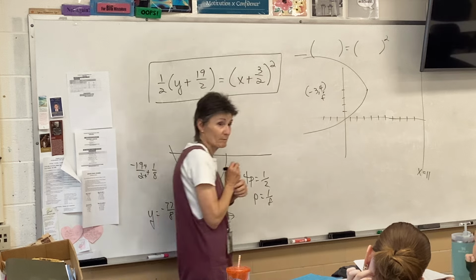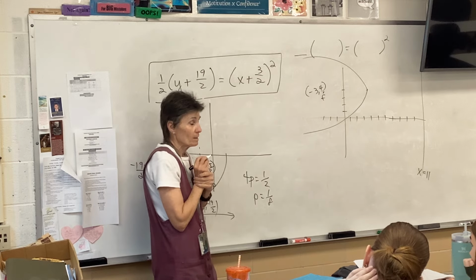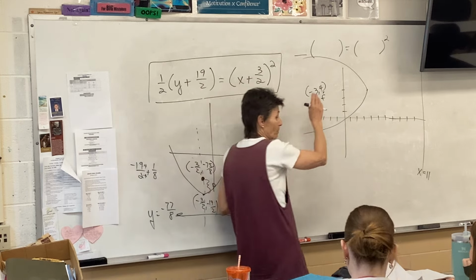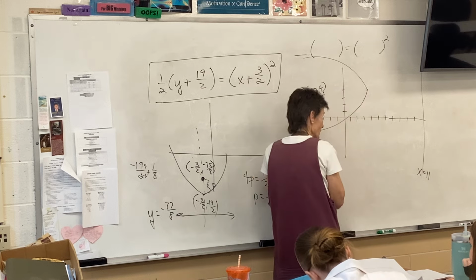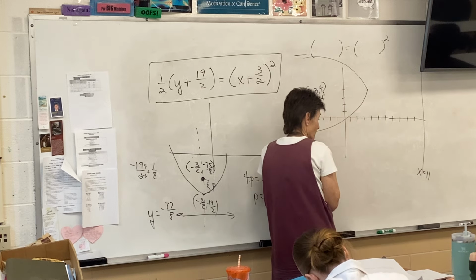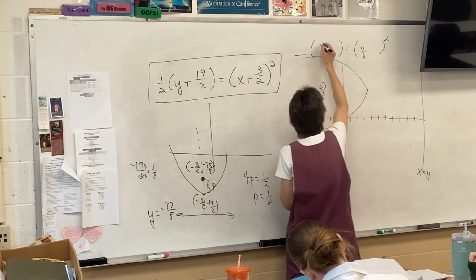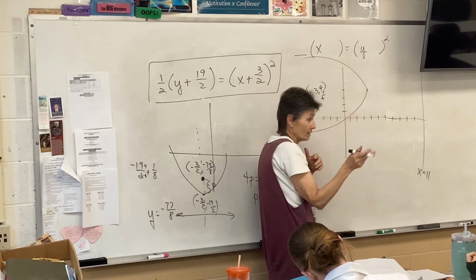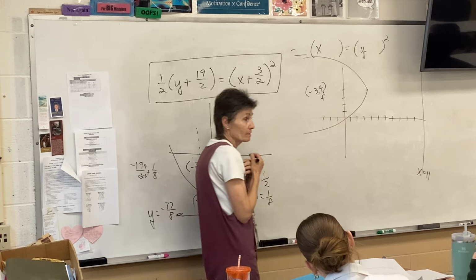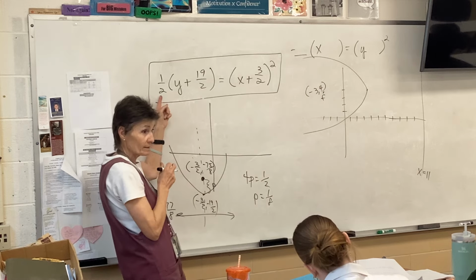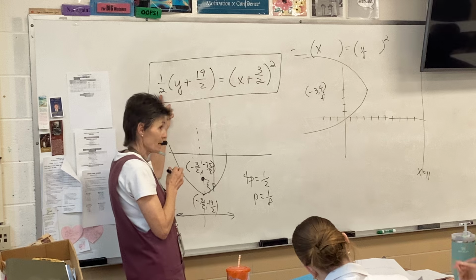Isn't it going to open something like that? Now, what does that tell me about my parentheses? If I'm opening left, then y is squared. And left is a negative. So whatever that number is out in front has to be negative.